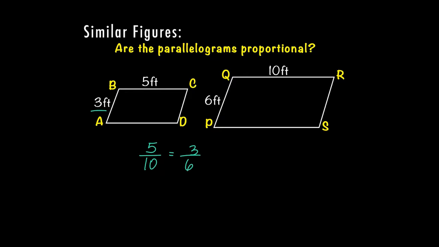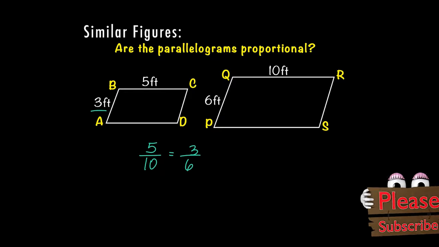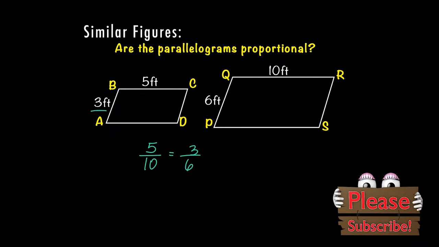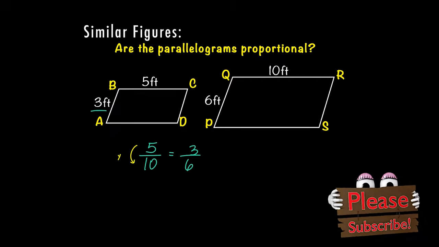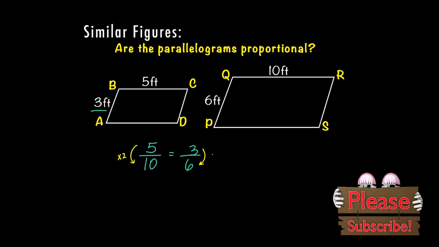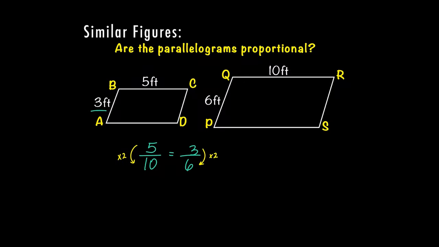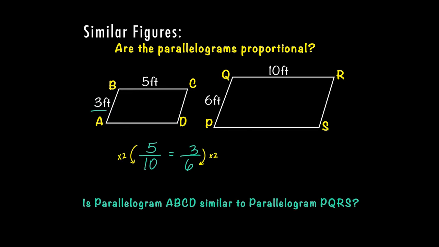Since 5 and 3 do not go into each other evenly, I'm going to go ahead and check it going up and down. So I can see that 5 times 2 is 10, and 3 times 2 is 6. The other thing I could do is cross multiply. I know 10 times 3 is 30, and 5 times 6 is 30. So both of those ways prove that parallelogram ABCD is similar to parallelogram PQRS.